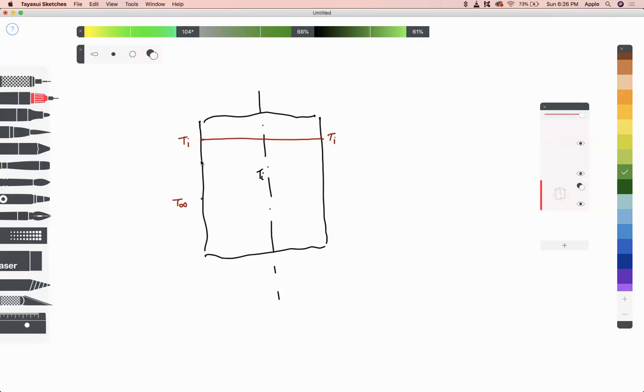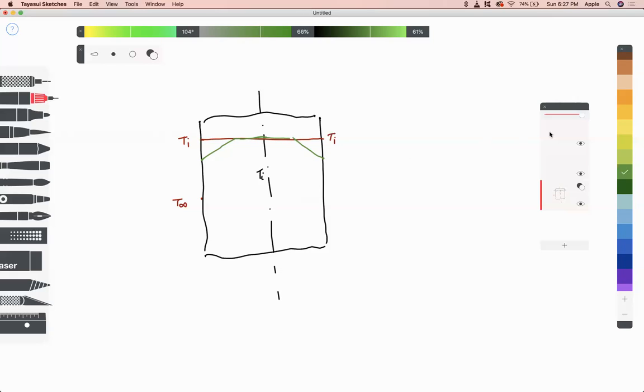So the temperature profile after some time will look somewhat like this. See, on the outside surface it has dropped from Ti, but the core temperature is still Ti, and the same thing happens on the other side also.